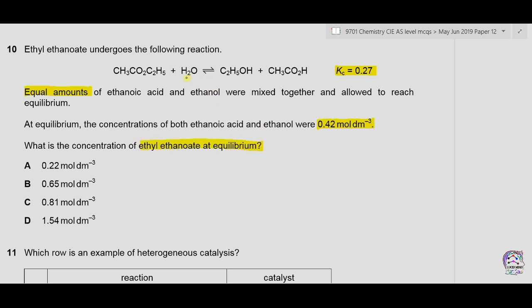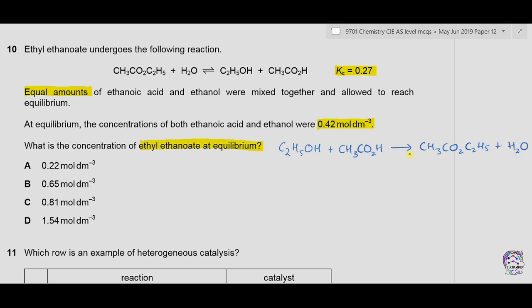I'm writing this reaction in the reverse direction. So when I write it in the reverse direction, the Kc value will also be reversed. So it is C2H5OH reacts with CH3CO2H and forms CH3CO2C2H5 along with H2O.